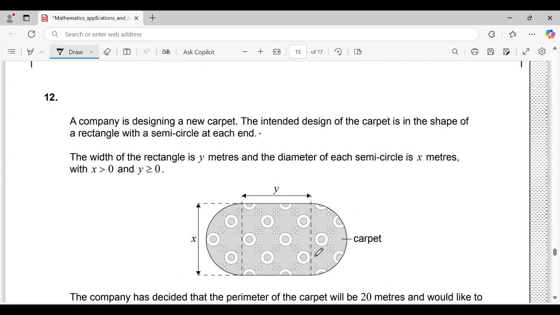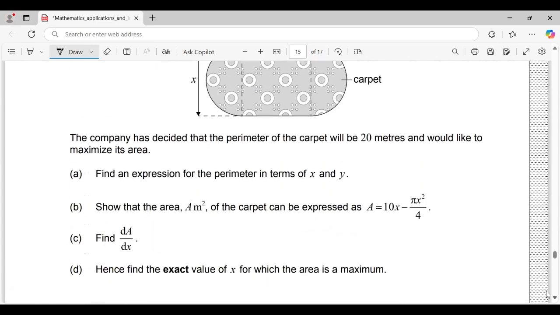If the diameter is x meters, it means the radius is half x meters, with x greater than 0 and y greater than 0, of course.